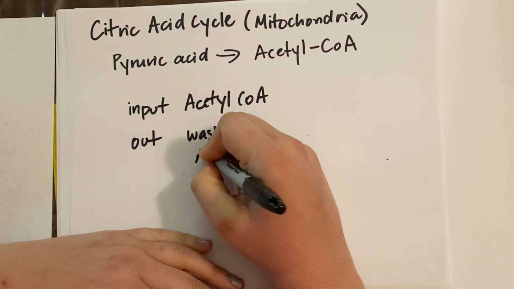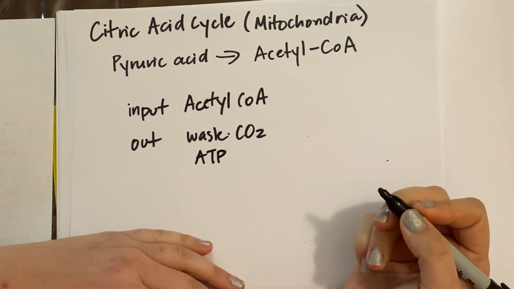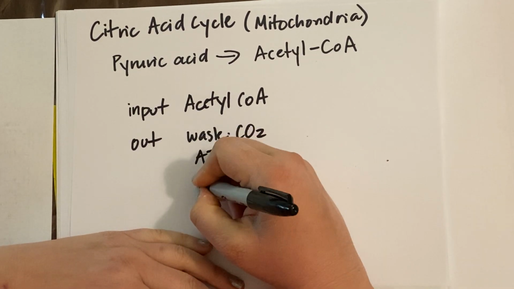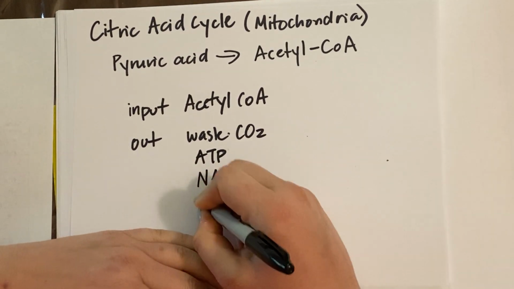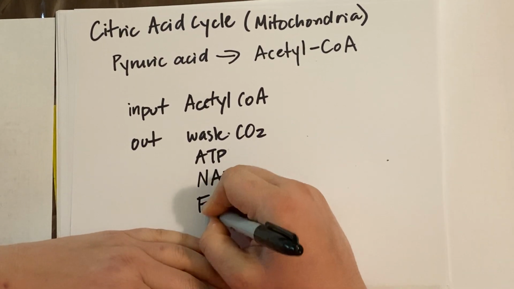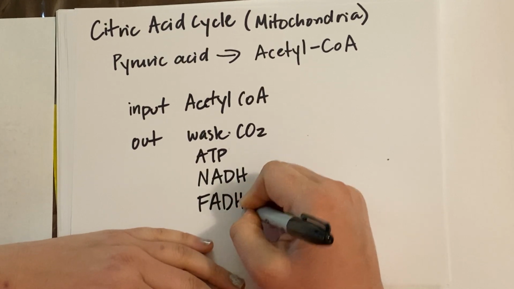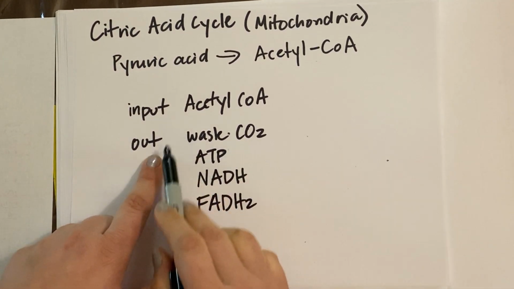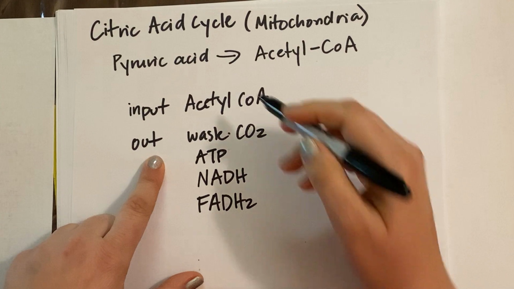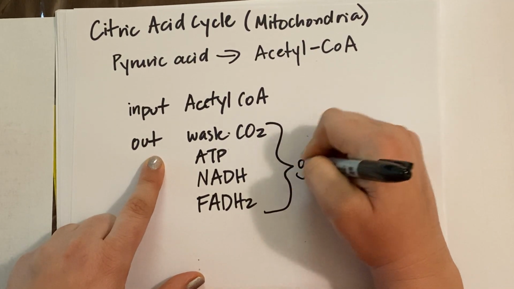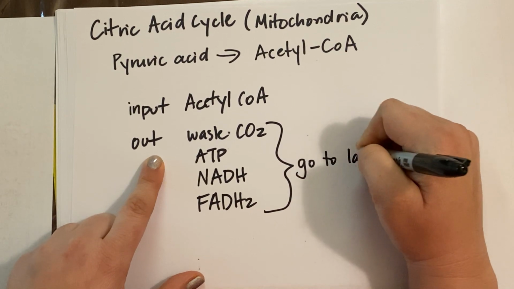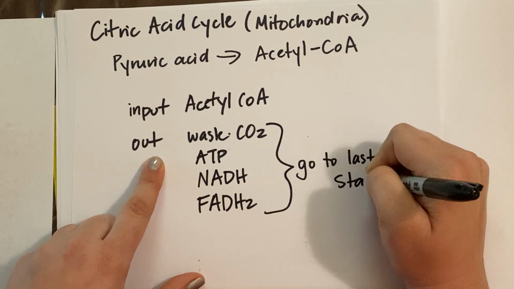We're also going to make some ATP from this process, not very much, but a little bit. And we're also going to have a bunch of electrons that are transferred to the 2 electron carriers that we talked about, FADH2 and NADH. These can then go into the electron transport chain, which is our last stage.